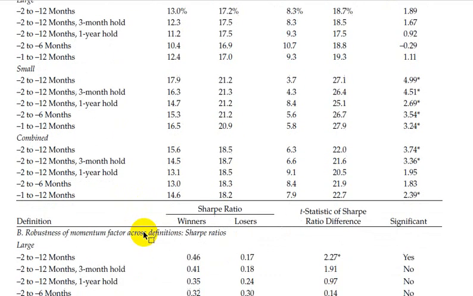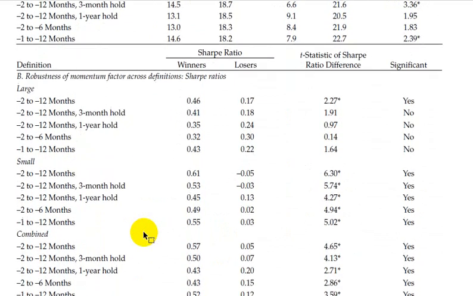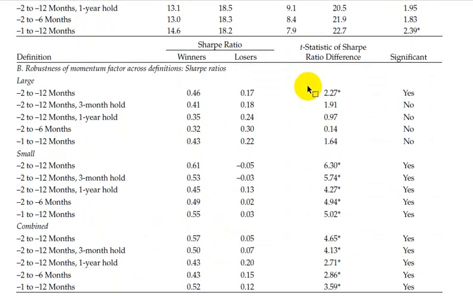So going down and looking at the Sharpe ratio perspective, which would be the risk-adjusted return, are we getting enough return for the risks that we're taking? And we see that in most of the cases, the Sharpe ratio of the winners is more than the Sharpe ratio of the losers. But in some of them, it's not statistically significant, especially in the large caps. The small caps, we do see that that's statistically significant, and in the combined case.